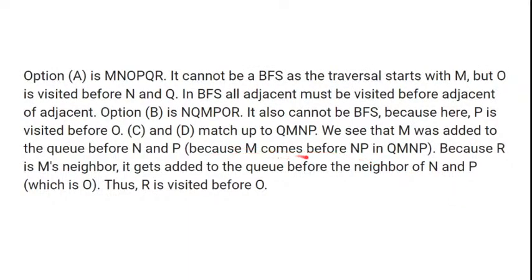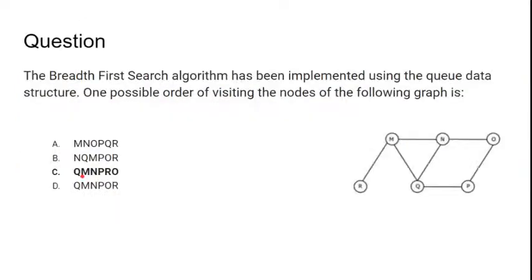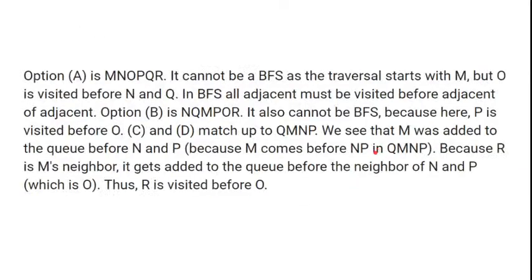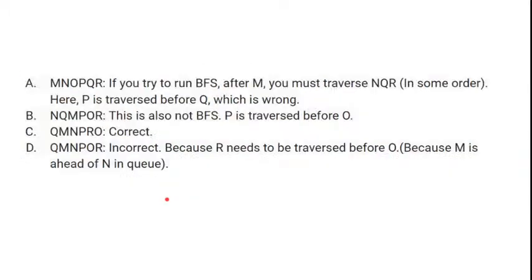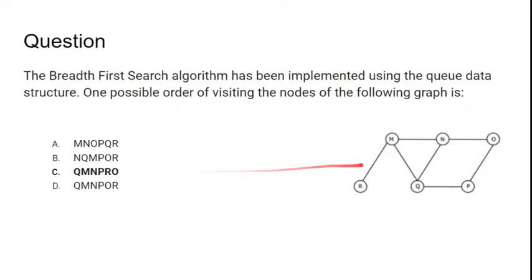QMNP, because M comes before N and P, and R is M's neighbor, so it gets added to the queue before the neighbors of N and P. Thus R is visited before O. So the correct answer is the third one.